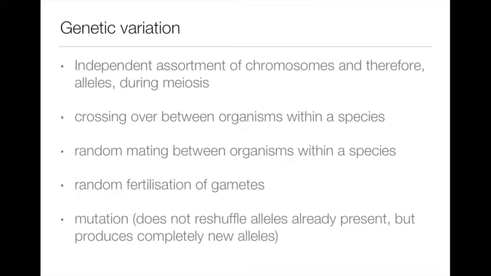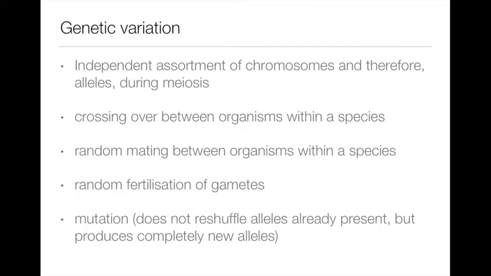First of all, independent assortment of chromosomes and therefore alleles during meiosis, crossing over, random mating between organisms within a species, random fertilization of gametes, and last but not least, mutation. Now, the first four of these processes reshuffle existing alleles in a population.